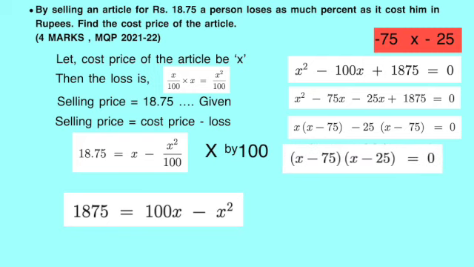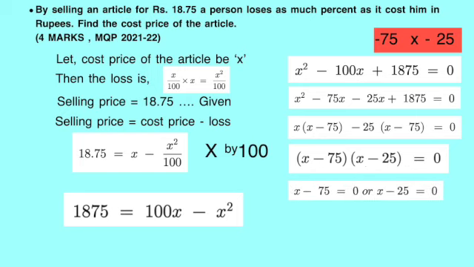Now further simplification, we get x minus 75 into x minus 25 is equal to 0. If product of two numbers is equal to 0, then either of the numbers is equal to 0. Either x minus 75 is equal to 0 or x minus 25 is equal to 0.